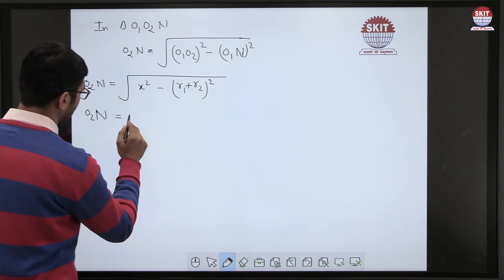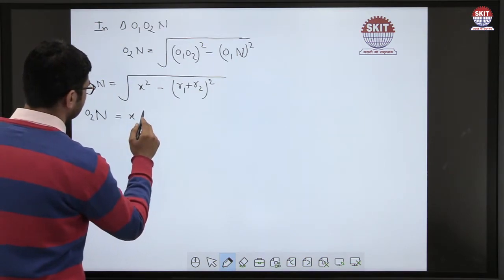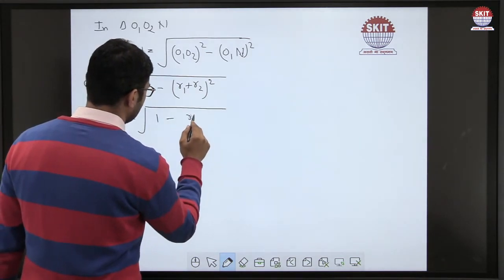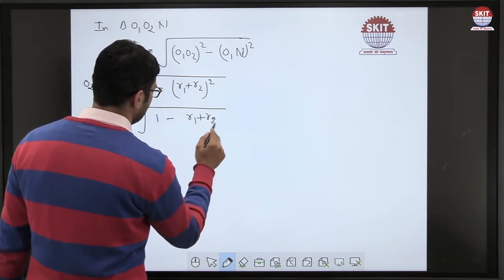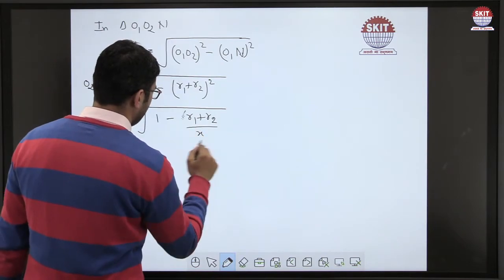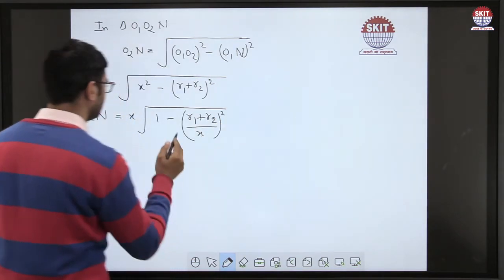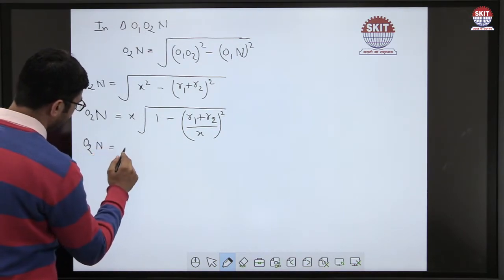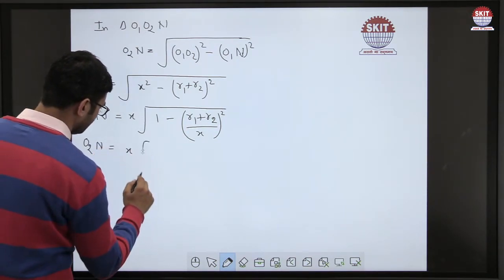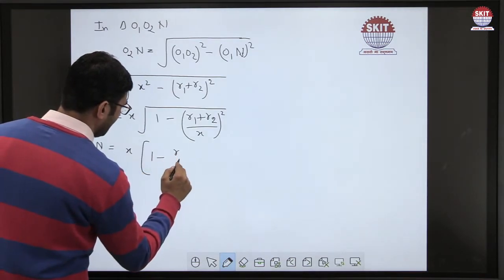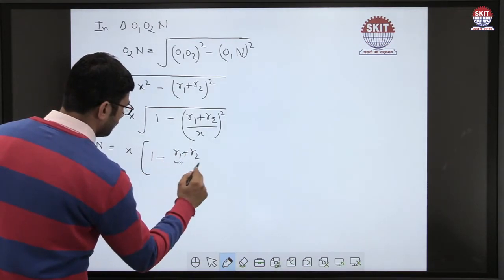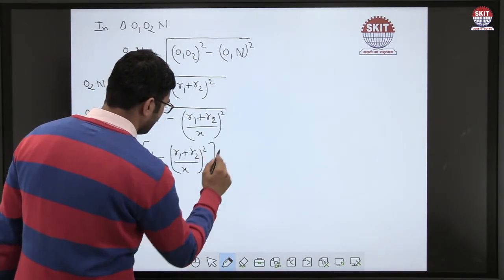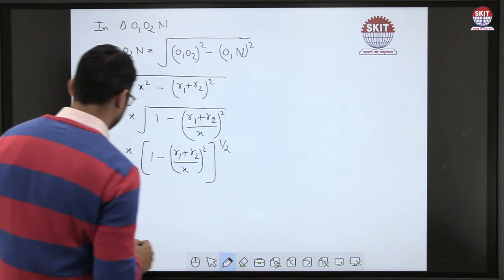So, x times under root 1 minus ((R1 plus R2) upon x) whole square. We write this in this manner also: 1 minus ((R1 plus R2) upon x) whole square to the power 1 by 2.